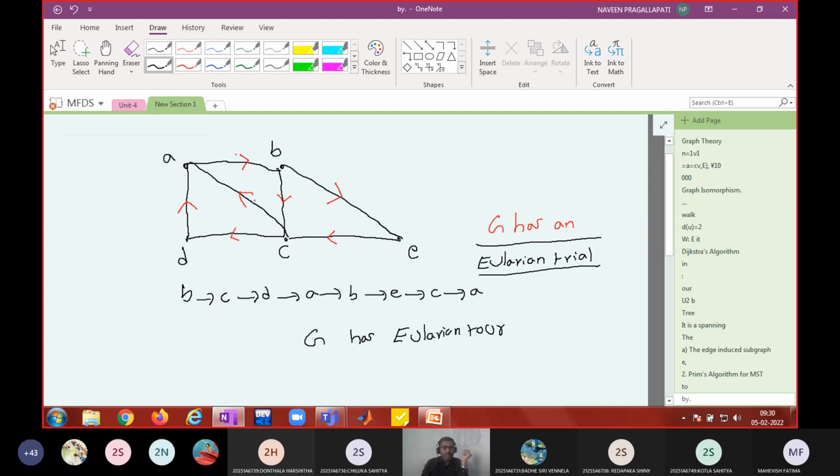What do you mean by tour? Tour means you go somewhere and come back, right? You go somewhere and come back by visiting each edge one and only one time. So when you start with B, can you come back to B by covering all the edges exactly one time?